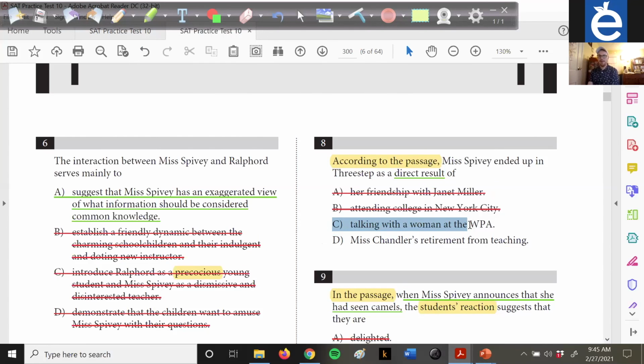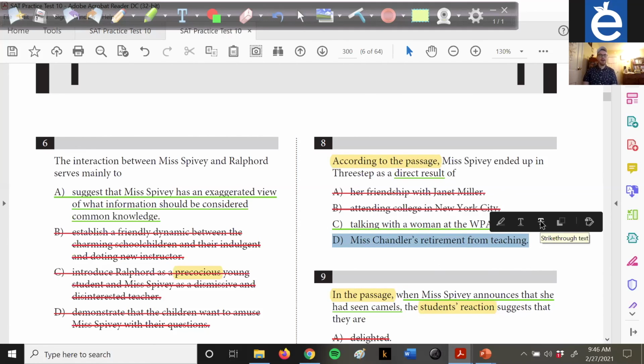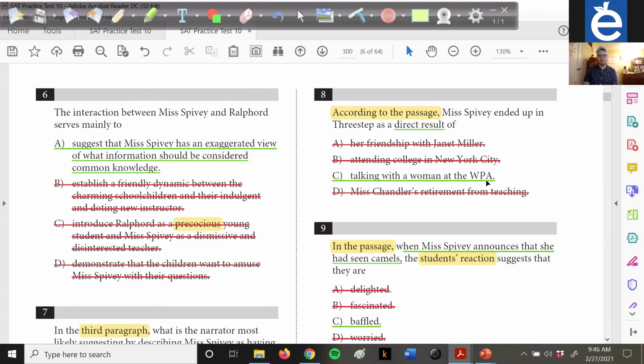She says to the woman, here's where I want to go, and the WPA says, here's where you will go. D, Miss Chandler's retirement from teaching. That just isn't clear here. We know Miss Chandler came before her, but we don't know that Miss Spivey isn't a community member hearing about Miss Chandler retiring and now moving in. It's more from this conversation with the WPA.